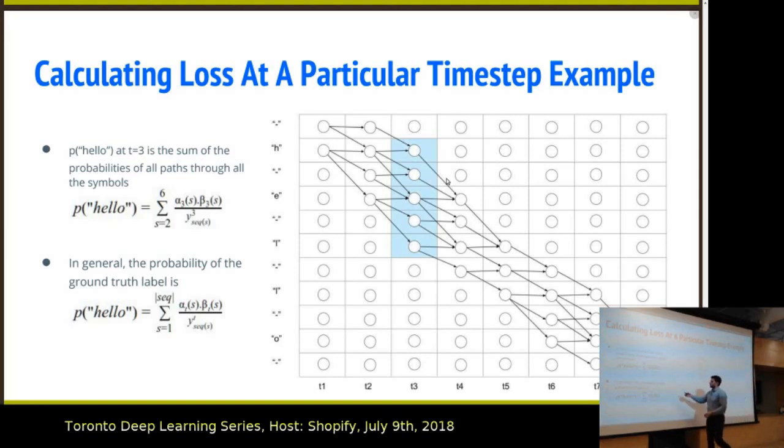And so in general, the probability of the ground truth label is just this, from s equals 1 to the cardinality. So the reason I had the example for the particular node is just to motivate this equation and to make it a bit more intuitive to understand where this came from.